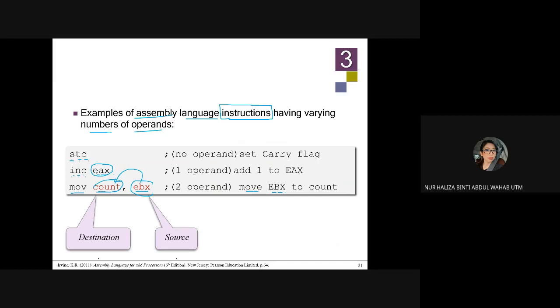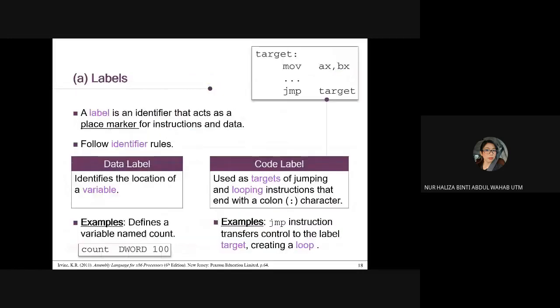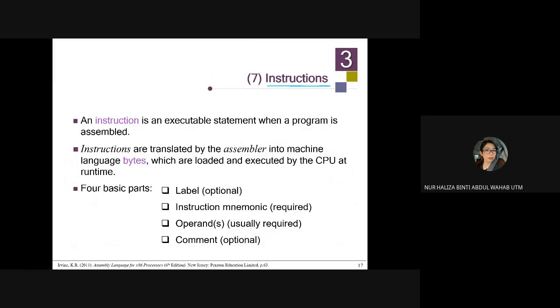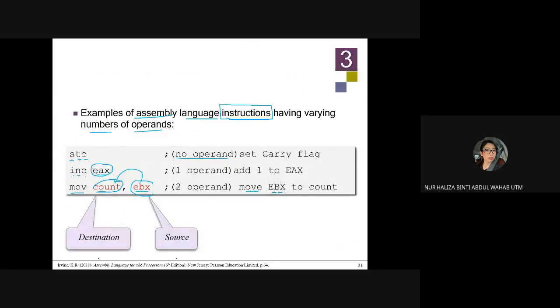There is no operand. As mentioned, go back over here. For an instruction, you can have operands or you can have none, because it usually has operands, but they are not required. That's why you can have no operand.